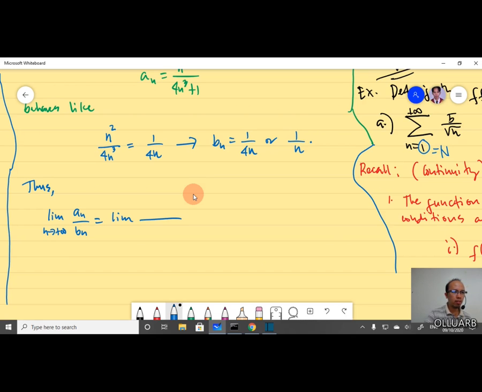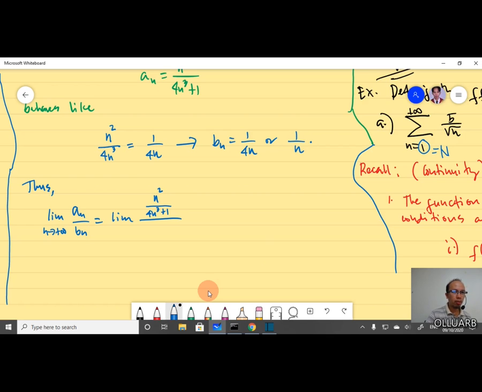So substitute your a sub n, which is n squared over 4n cubed plus 1.